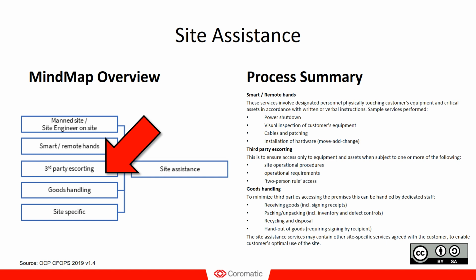The next one is goods handling, and that is to, again, minimize the number of third parties gaining access to the premises. It's possible to have dedicated staff or a dedicated function, making sure that any goods that is to be received at the site is taken from the supplier or the logistics partner, signing receipts and then unpacking them and making inventory checks and controlling that they're not defect and so forth.